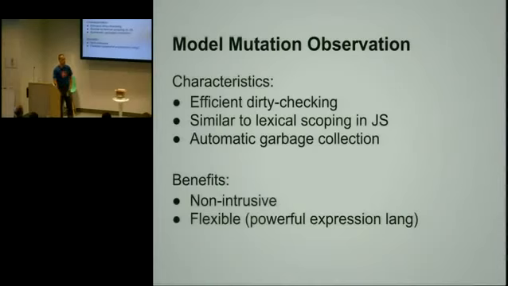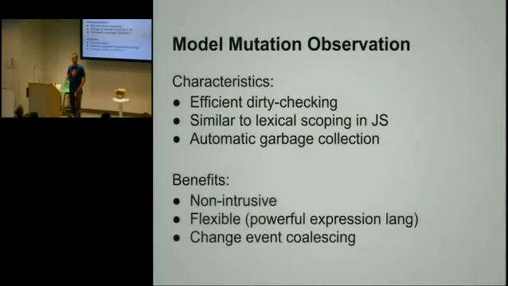So another benefit of the way things work in Angular is that the data binding is very flexible, and also the mutation observation is very flexible. And this is because of the expression language that we have built in that I mentioned earlier. Another important thing is change event coalescing. This is something that is tricky to do in Backbone, where let's say you have a list of items and you want to delete all of them.